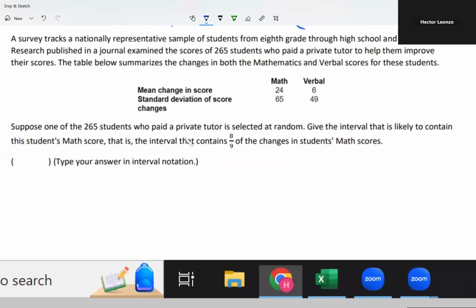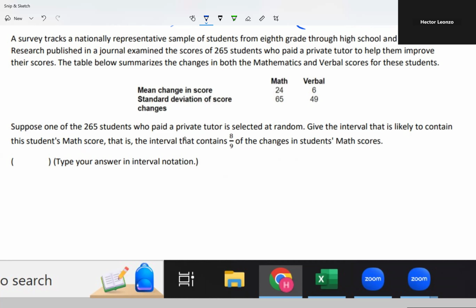A survey tracks a nationally representative sample of students from 8th grade through high school and college. Research published in a journal examined the scores of 265 students who paid a private tutor to help them improve their scores. The table below summarizes the changes in both mathematics and verbal scores for these students.